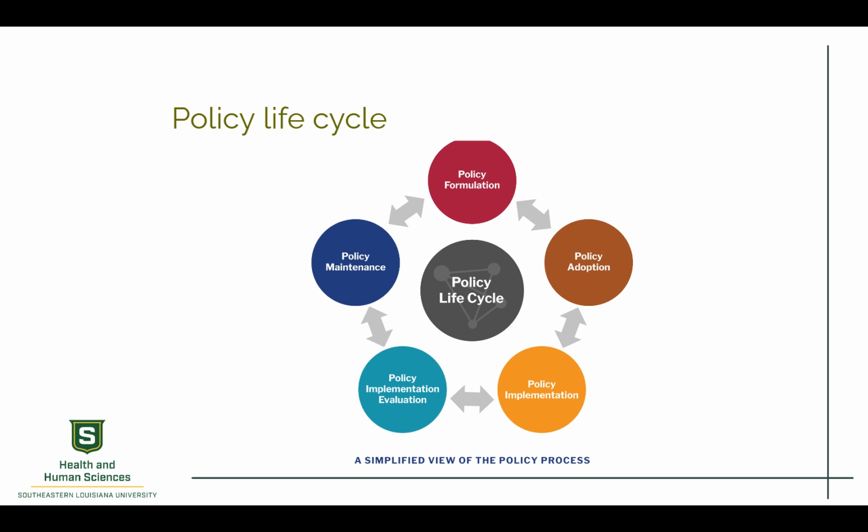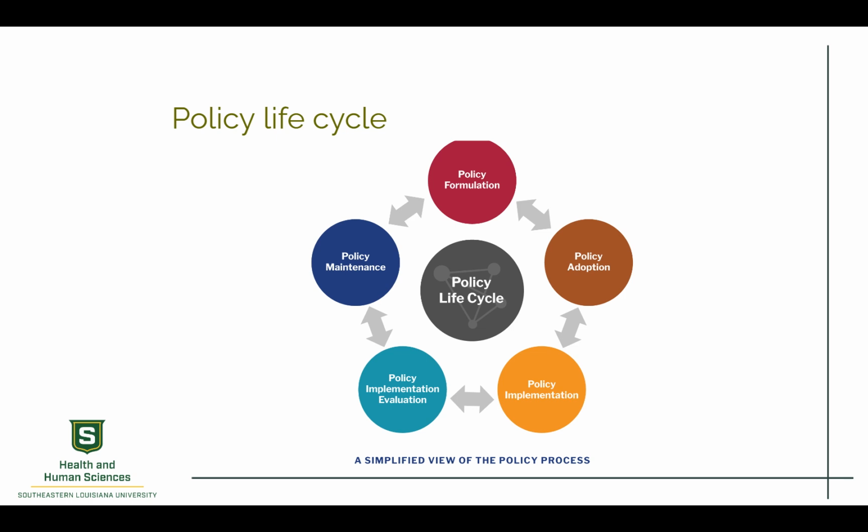So that is in the implementation, evaluation, and then you have the maintenance. Everything is all good, we've decided this works, and now we need to make sure that this policy continues to run as we intended it to run. So this is basically how that goes.